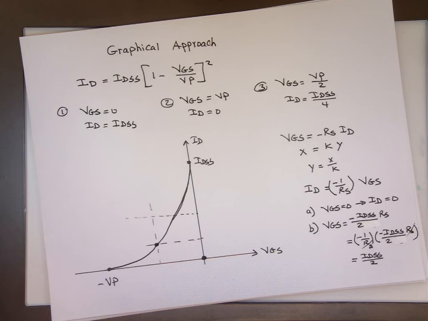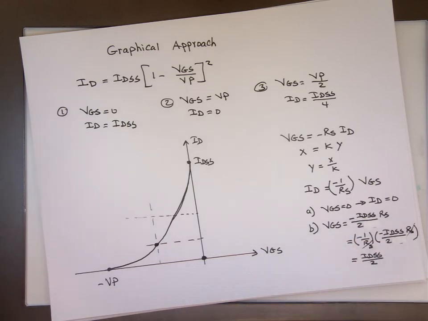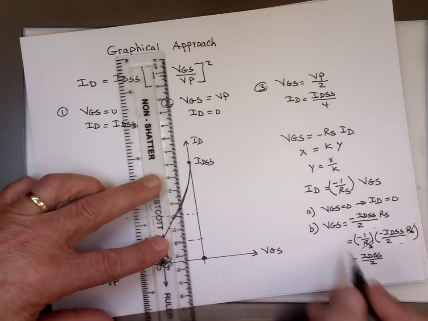And I have no idea where that point is physically because I don't know what that number is unless I pick numbers. But let's say this value for VGS was right there. Let's assume that's the case.